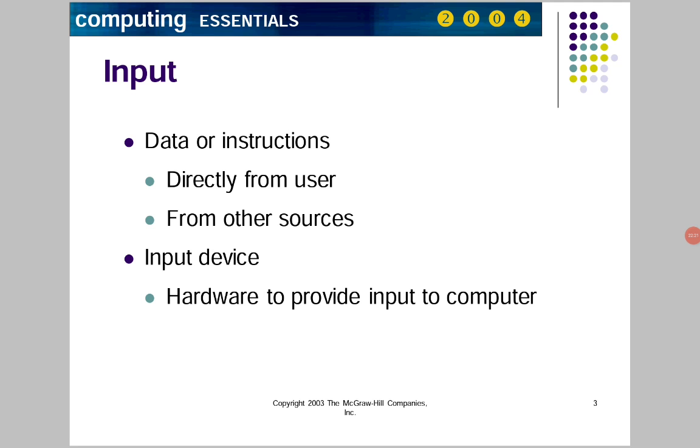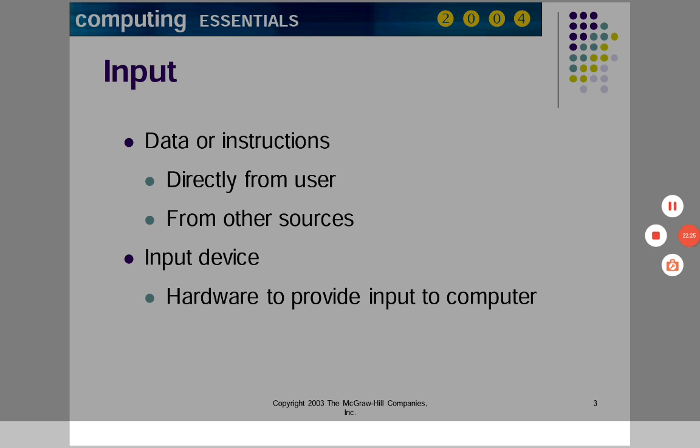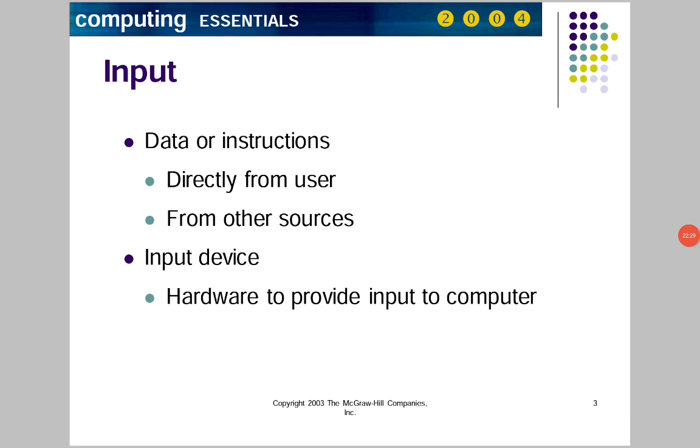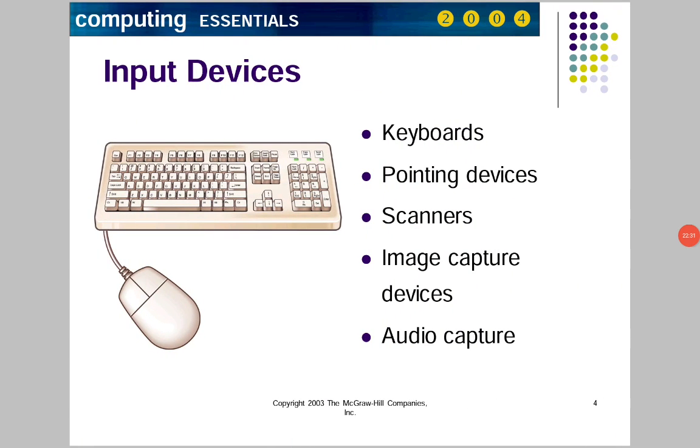Generally, an input device is a hardware to provide input to a computer. So, what are the standard input devices we regularly use? First one is keyboard, pointing devices, scanners, image capturing devices, audio capturing devices. Keyboard is a standard and regularly used input device.